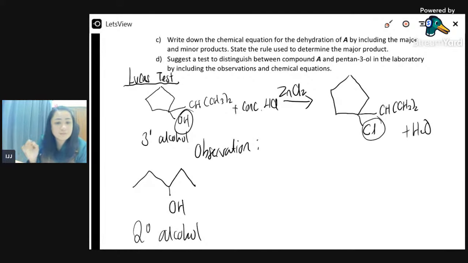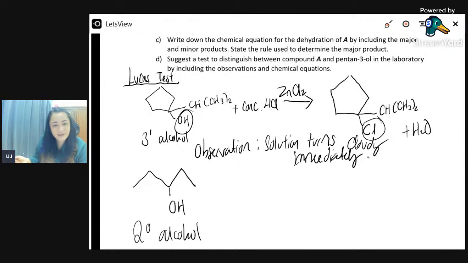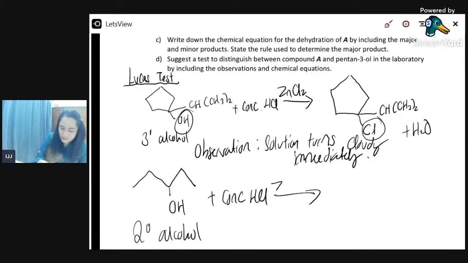Okay, so you must put observation. So observation, solution turns cloudy immediately. So if secondary alcohol, if you react with concentrated HCl, ZnCl2, this is Lucas reagent.